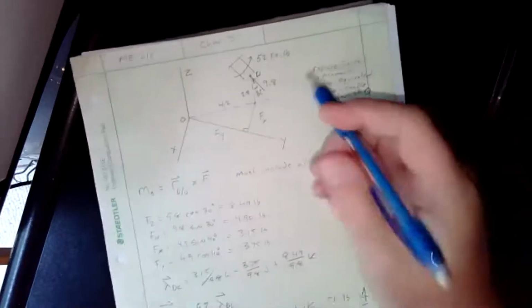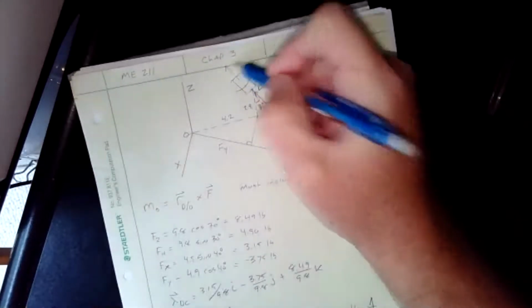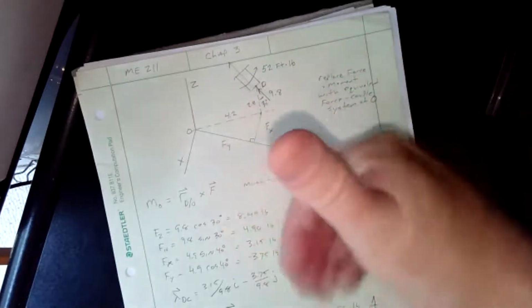But when you're trying to find which direction the moment vector is, that's it. Well, the moment, the 52 foot-pounds, that's just a scalar value. So all I did was multiply that by lambda DC, which is going this direction. How do you know it's not CD?